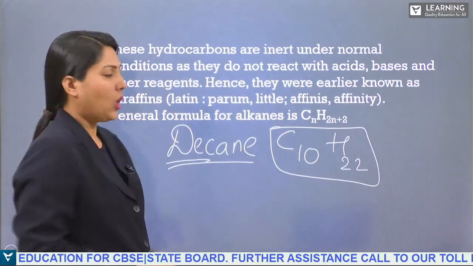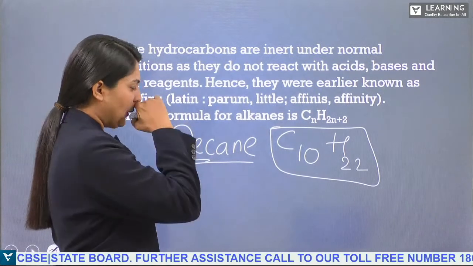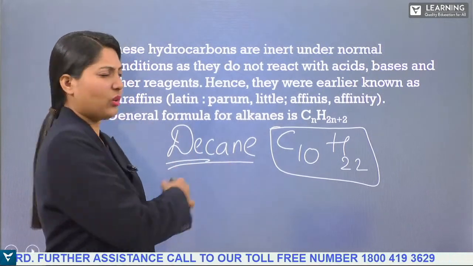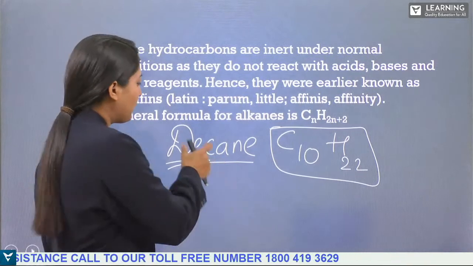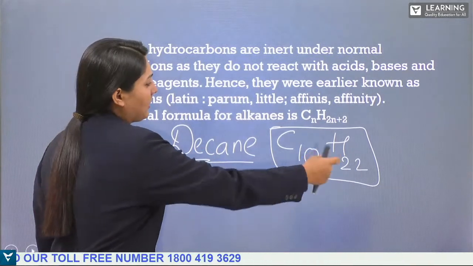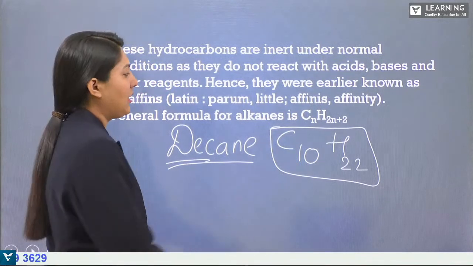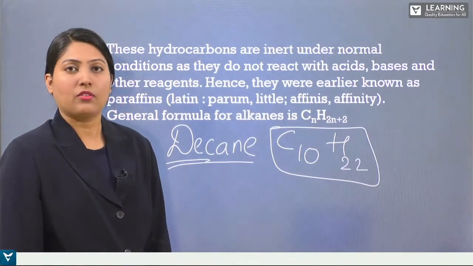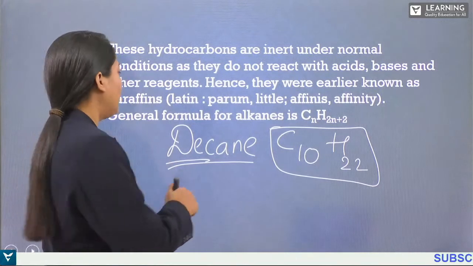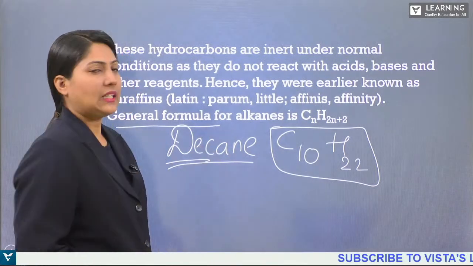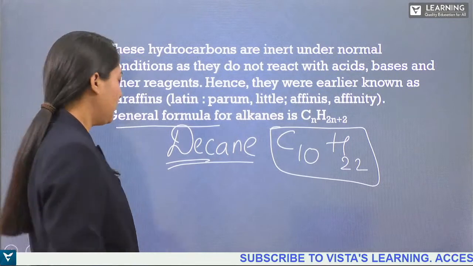Got it? Octane, nonane or dodecane, any of these, if they give it, if you know the carbon number, you can easily find out the hydrogen atoms and hence we can derive the molecular formula by using the general formula of alkanes. Got it?